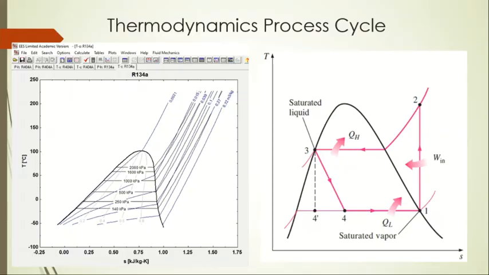So here it will gain the energy from your product. It will be at around minus 35 degrees centigrade. Here the expansion valve lowers the temperature from 35 degrees centigrade to minus 35 degrees centigrade. So it's important to note.